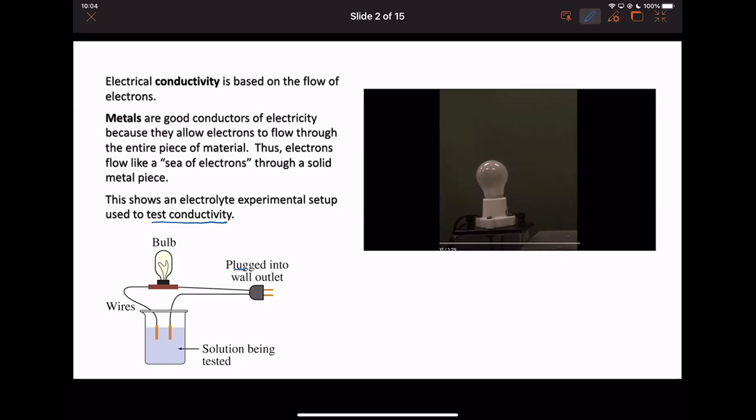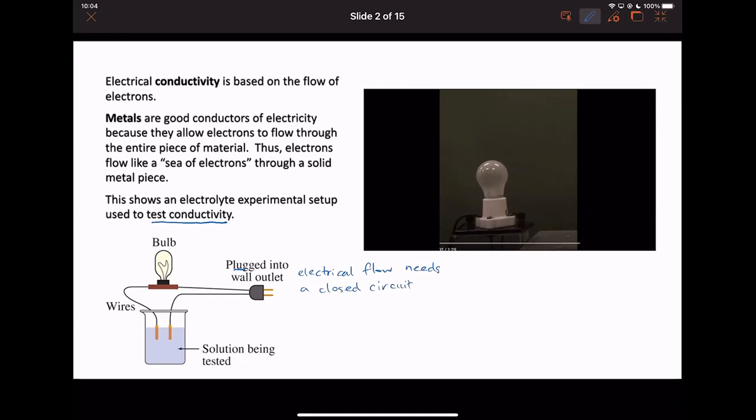And what we know about electricity is it has to flow through a closed circuit. So electrical flow needs a closed circuit. So this is a closed circuit, which is a circle, or basically one continuous line that connects.